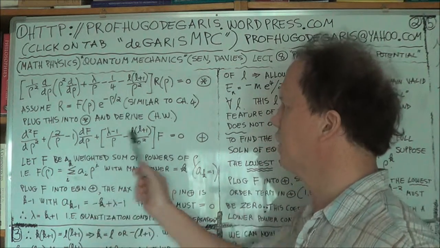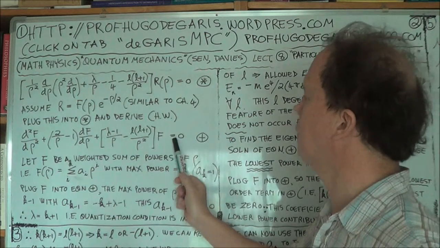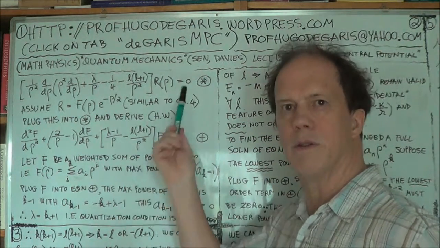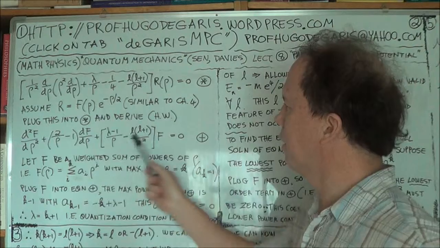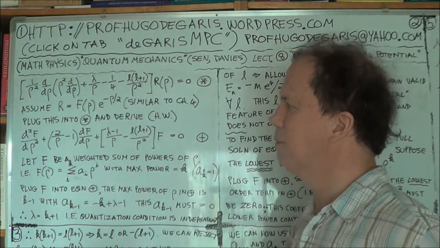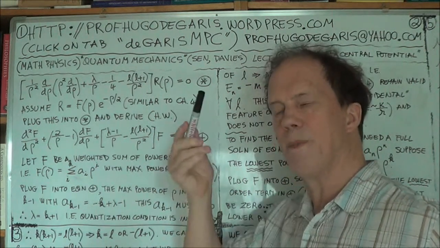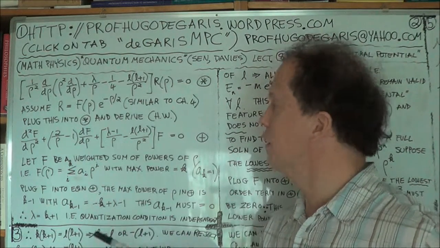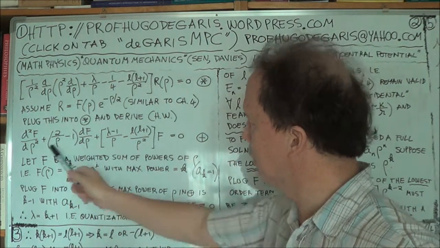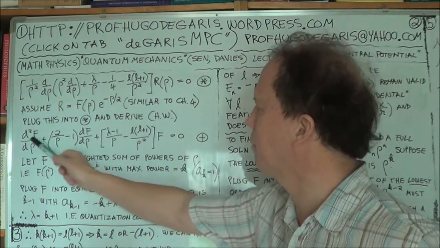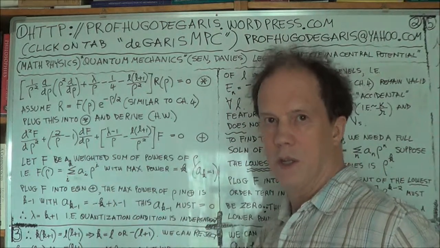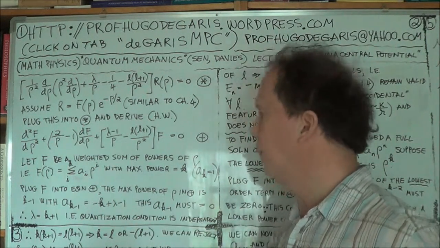Now all these coefficients, it's an equation, right? This is all equal to 0. Now rho can vary. So the only way you get all this left-hand side equaling 0 is if all the coefficients of the various powers of rho disappear. They all become 0, right?